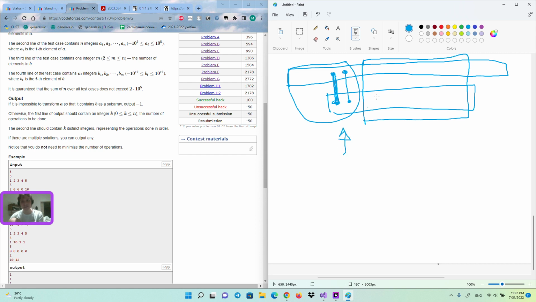And these are independent because firstly we put something here to make these two numbers correct. And after that, we don't affect these numbers by making some operations here. And I proved that it's easy to check if we can do it.